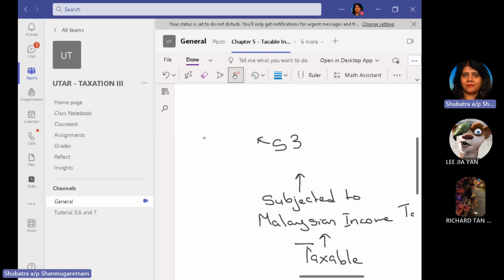In order for an income to be taxable in Malaysia, you have to follow these 3 rules. Remitted.